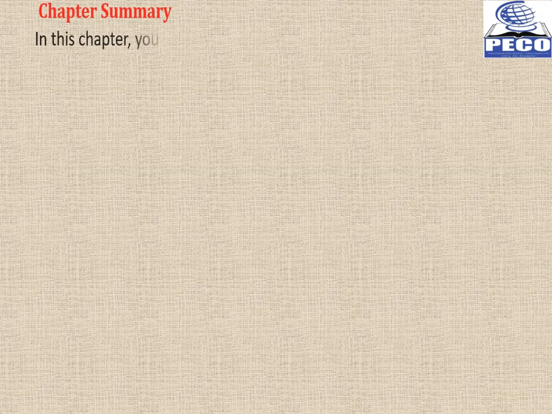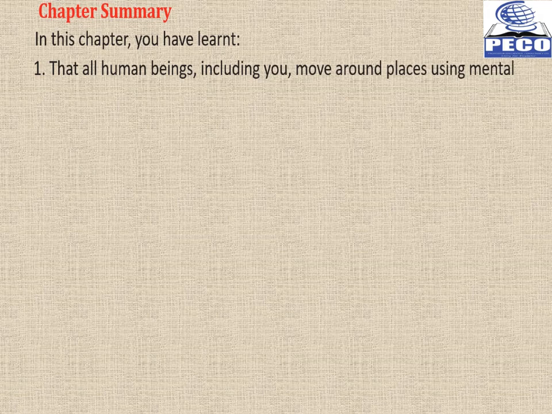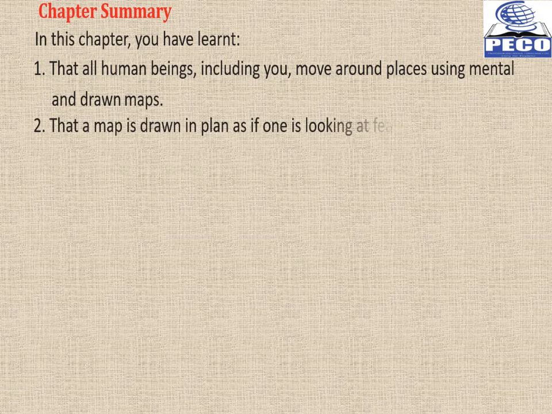And in summary, in chapter 3 we have learned about maps, and we have noted that all human beings, including me and you, move around not using drawn maps but using mental maps. Equally, we can move around and find places using drawn maps.